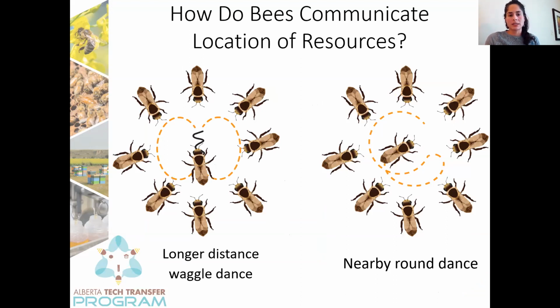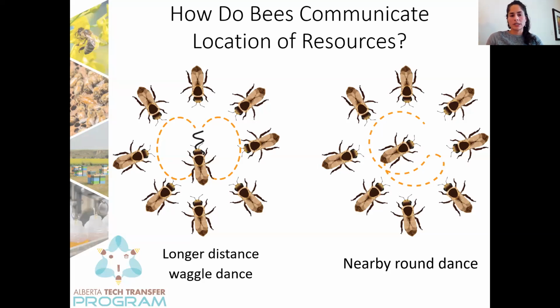The forager that went outside and found this nice patch of canola comes back and wants to tell all other bees and recruit more bees to that patch of nice canola field, right? So he comes back, and basically the waggle dance is for longer distance fields or resource patches, not for the short distance.